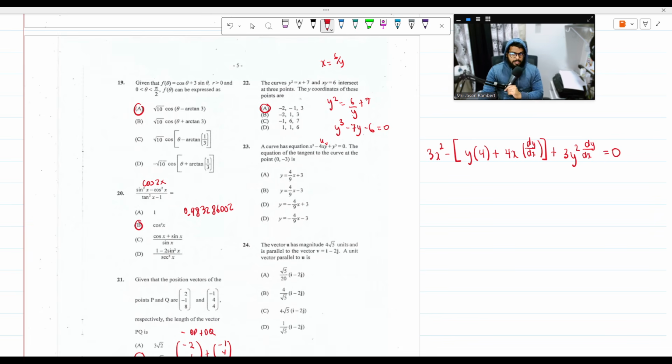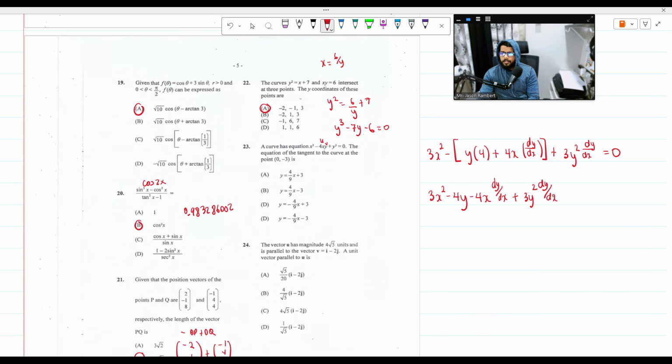From here, I expand and rearrange to make dy/dx the subject of the formula. So let me do that. Let me say 3x squared take away 4y take away 4x dy/dx plus 3y squared dy/dx.